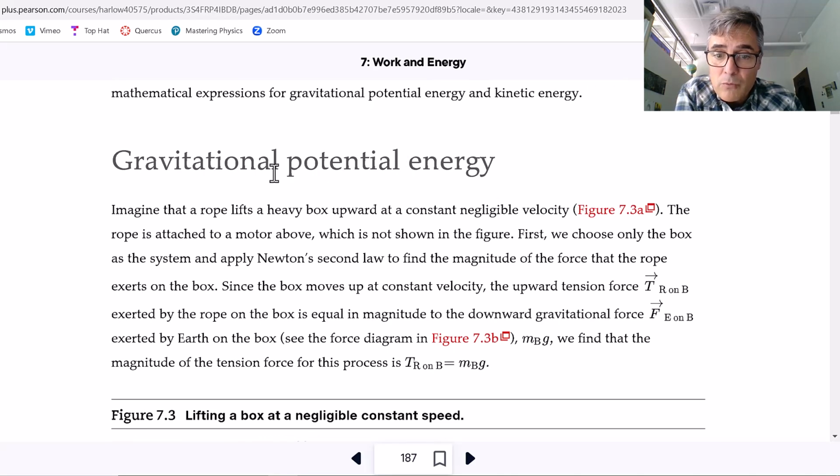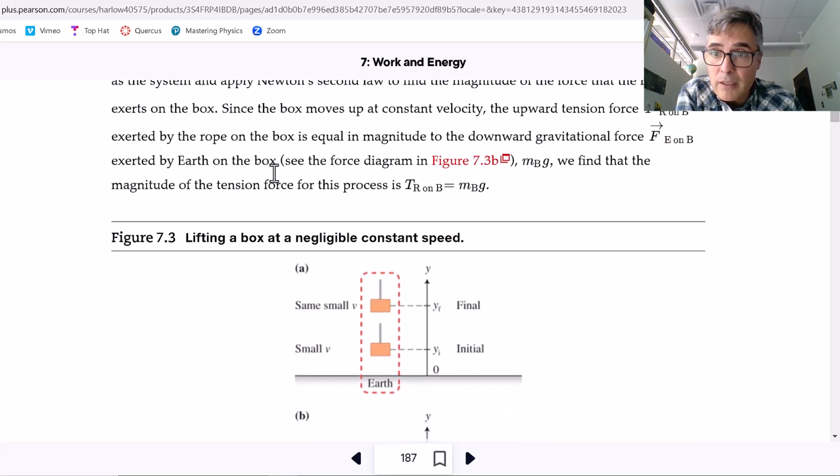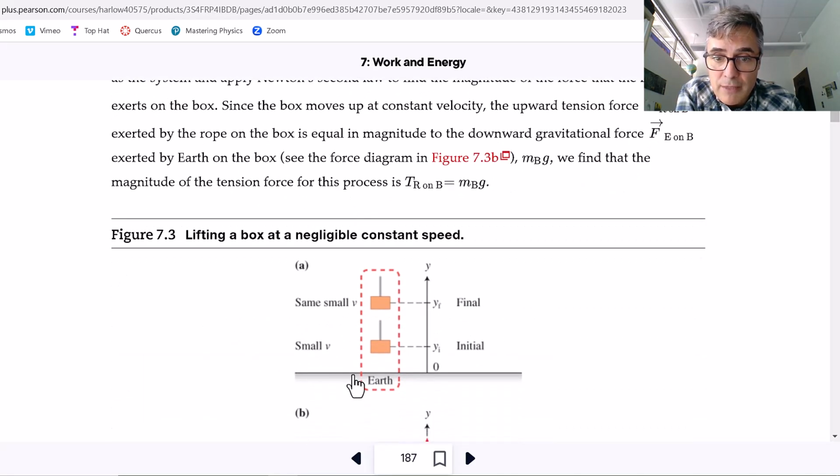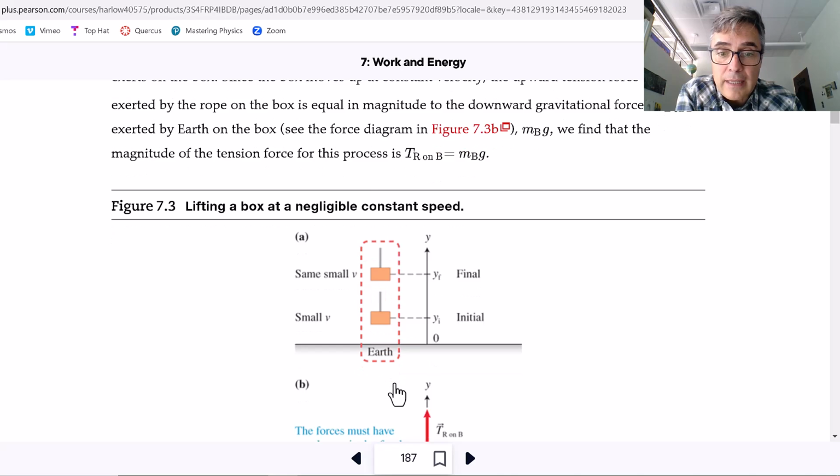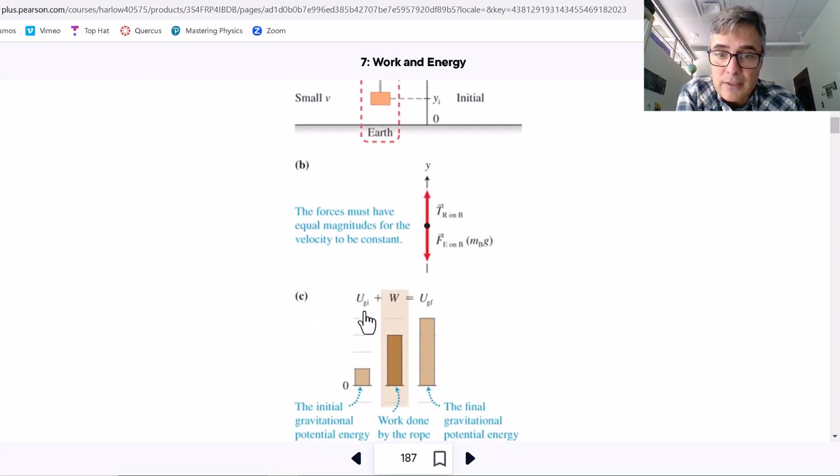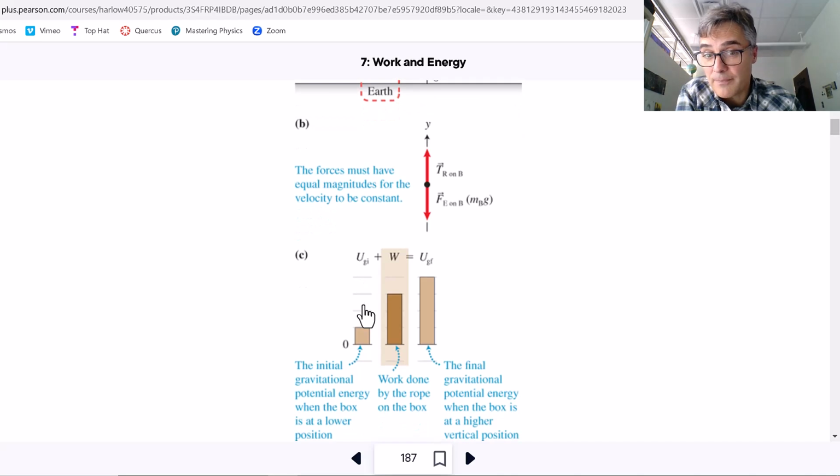With gravity, the best way to approach it, and this is the approach of Chapter 7, is you take your system to include the Earth. In that case, we say that there is this U sub G, gravitational potential energy.